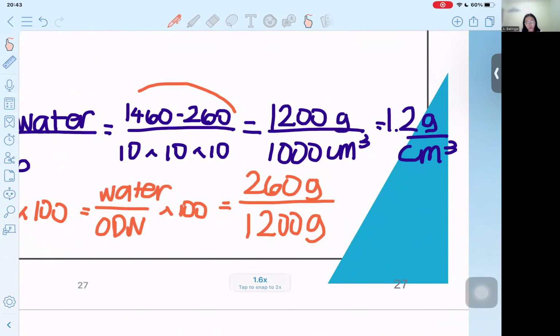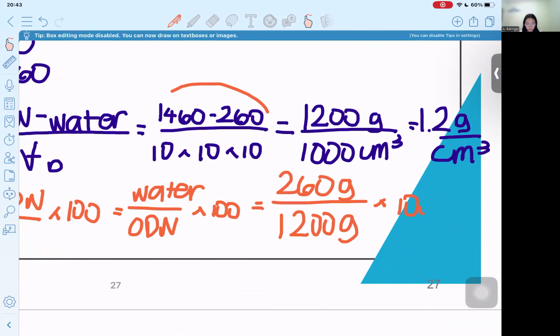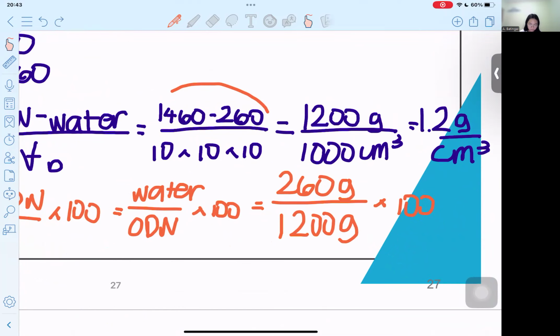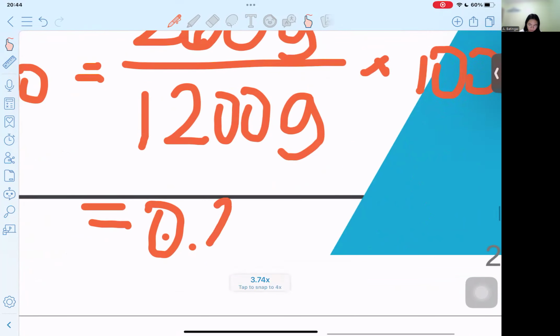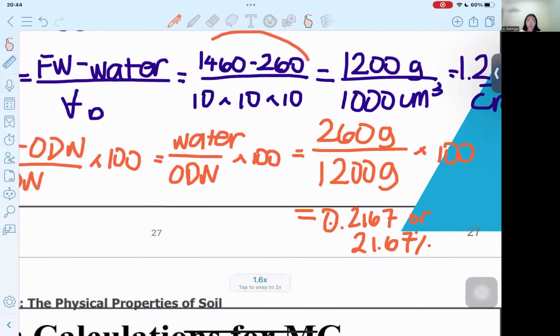Okay, 260 over 1,200 times 100 is equal to 0.2167 or 21.67% moisture content by weight.